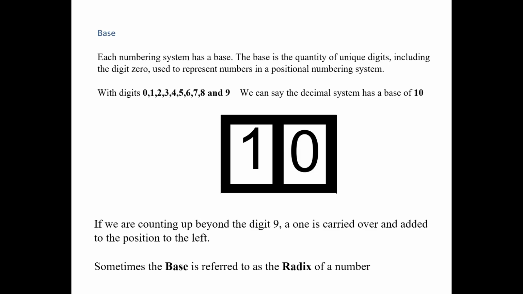And another note about the base, working with PLCs, sometimes the base is referred to as the radix of a number. So we have a number, 2022. How do we know what numbering system it belongs to? A common way of expressing the base is a subscript, or let's call it a tiny number to the lower right.